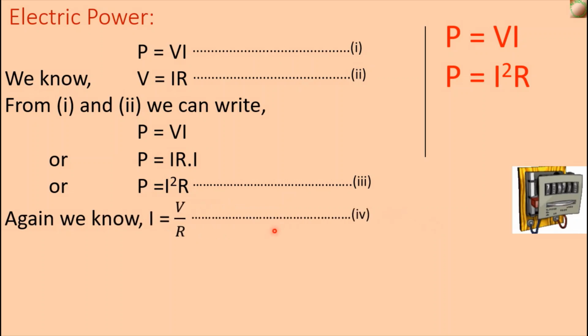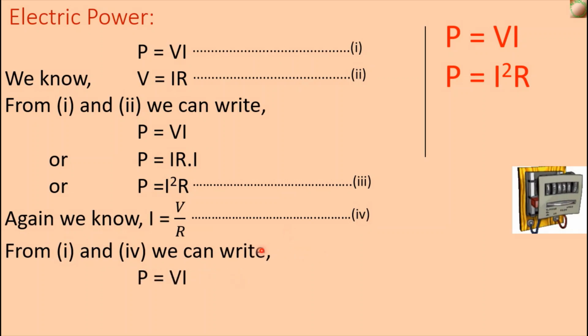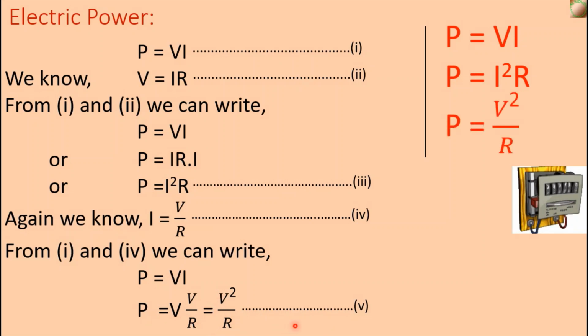Again we know I is equal to V divided by R. From equations 1 and 4, we can write P is equal to VI, that is V into I, and here I is equal to V by R, therefore V into V by R. This is equal to V square divided by R. That is P is equal to V square divided by R. Another equation of power.